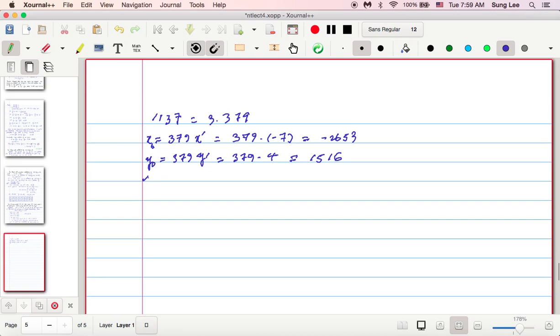This is a solution of 39x plus 69y equals 1137.